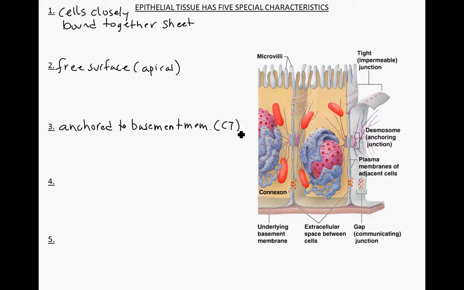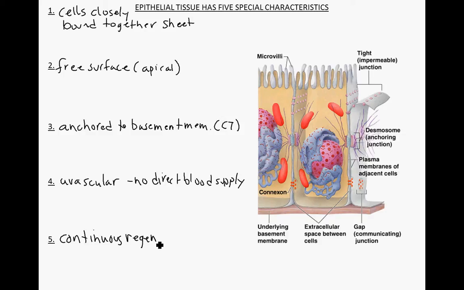A fourth characteristic is that they are avascular, that there is no direct blood supply to them. And because there's no direct blood supply, they have to rely on diffusion of their nutrients and waste products. And lastly, they display continuous regeneration.